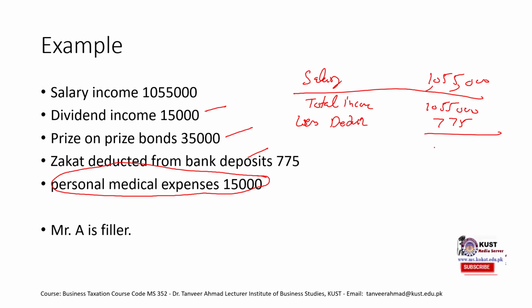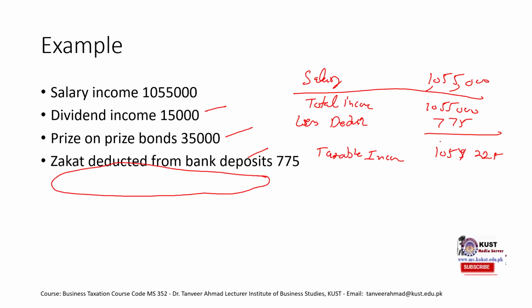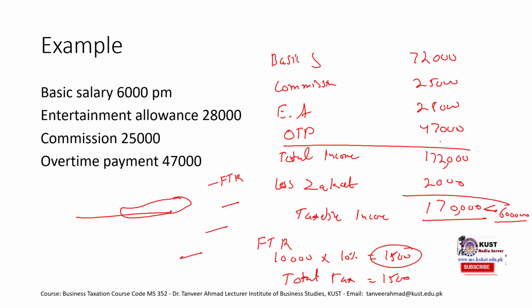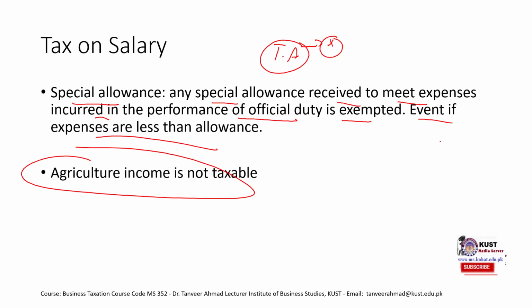So we are left with 10,54,225, and this would become our taxable income. Taxable income means we would have to calculate tax on this income. Okay, so let's see in which tax slab this would fall. We would have to go quite way back towards the tax slabs.